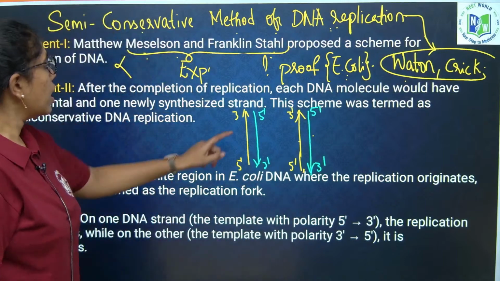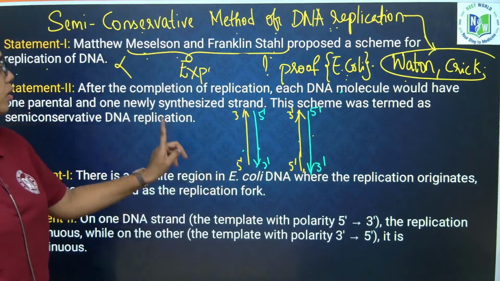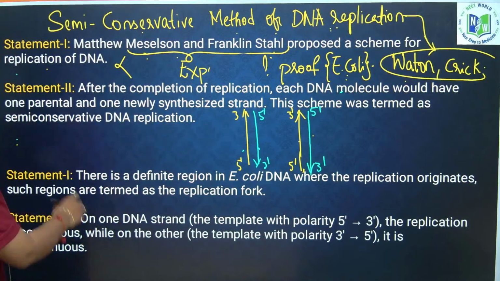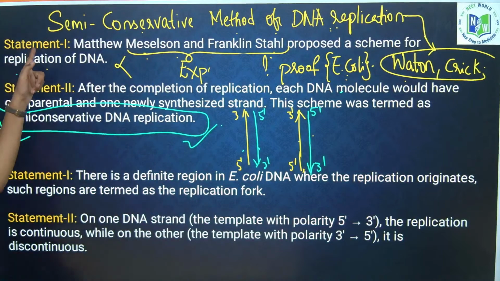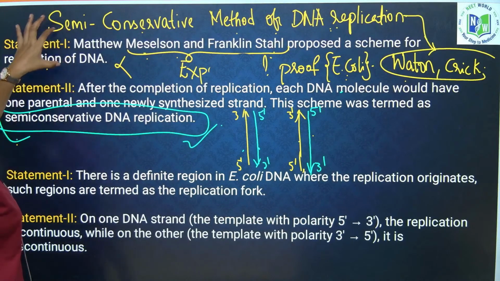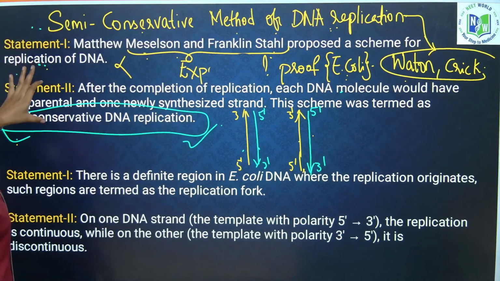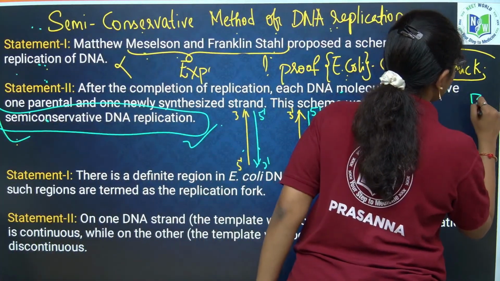Each DNA molecule would have one parental strand and one daughter strand. This scheme was termed the semi-conservative method of DNA replication. Statement 1 is false, statement 2 is true, so you have to go for option 3.